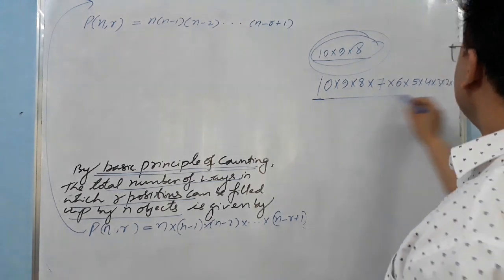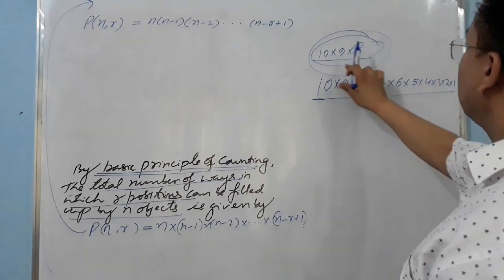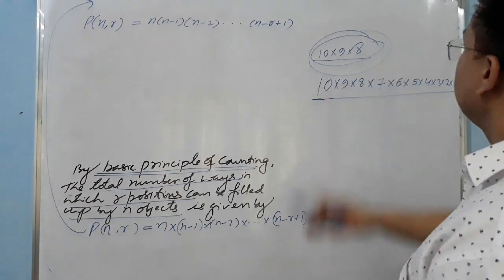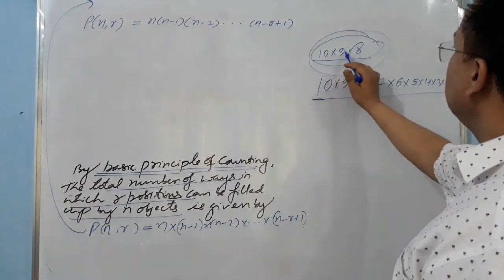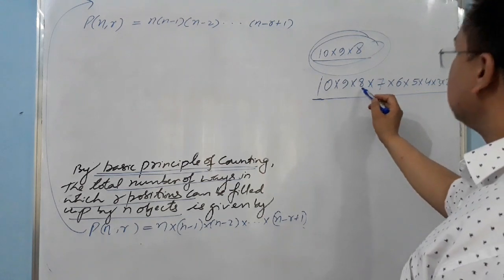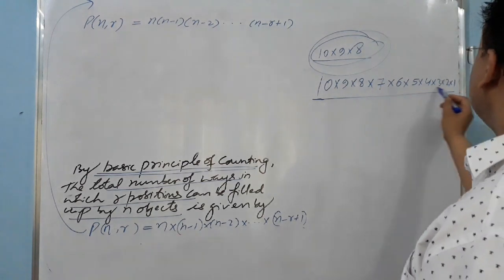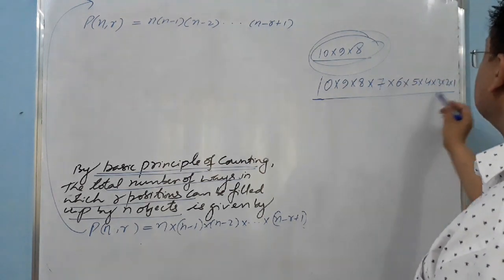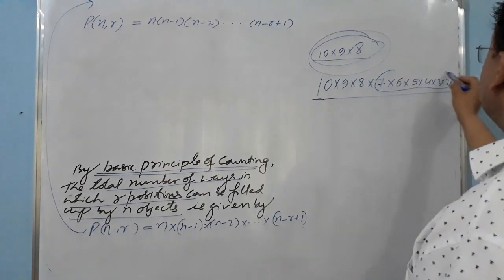Now here we have numbers only up to 8, 10, 9, 8, but the product of these remaining numbers is not given there. These are all extra.